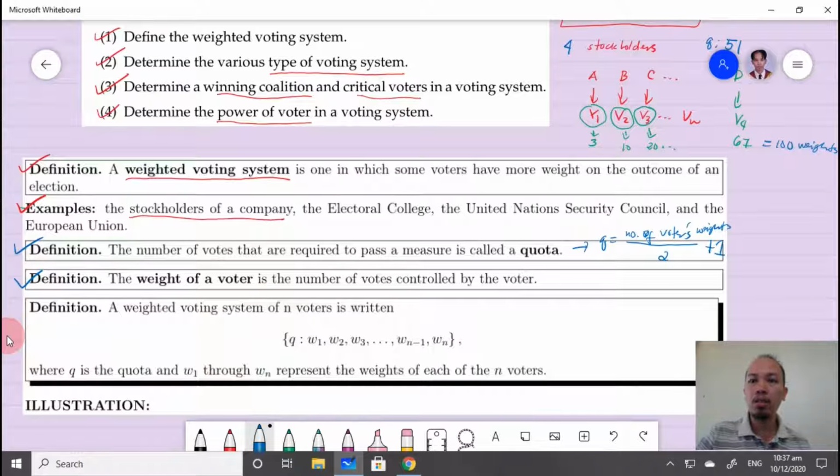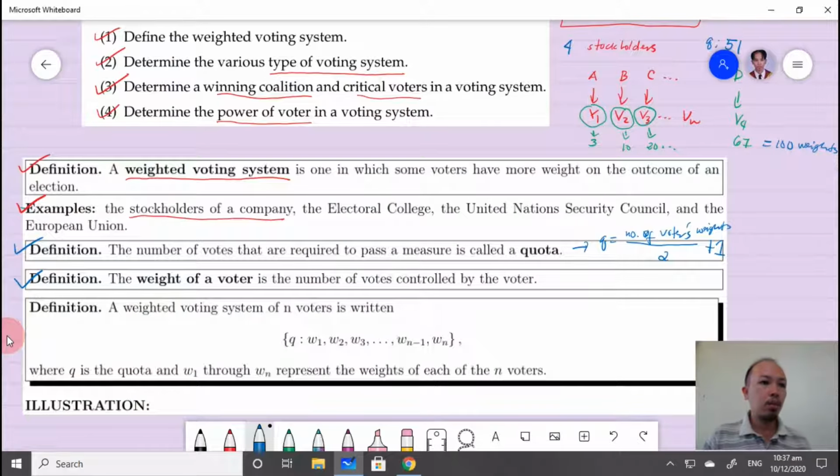Voter D, denoted by V4, has a weight of 67, and it is controlled by V4. That's what we mean by a weight. It is a whole number, not a fraction or a decimal.